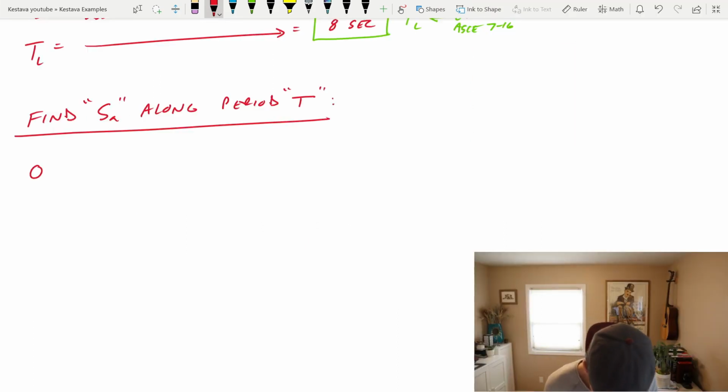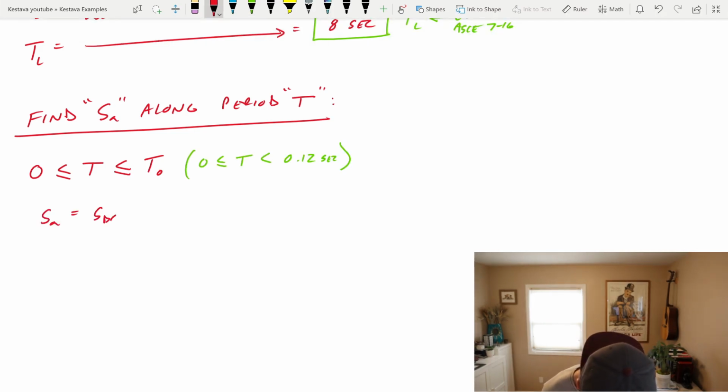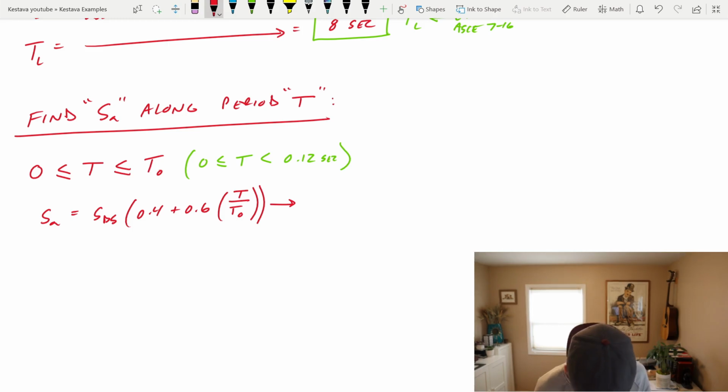So first stage, some period t, which is greater than or equal to 0, but is less than or equal to T sub naught. From our equations above, that's the same thing as this. S sub a is equal to the following equation, and if we plug in for that, we get the following.